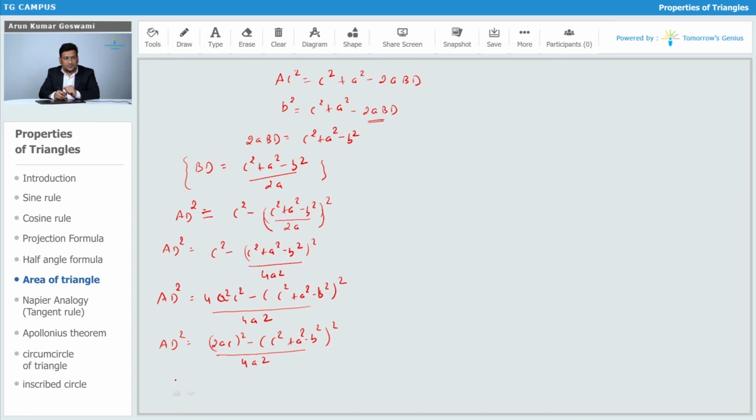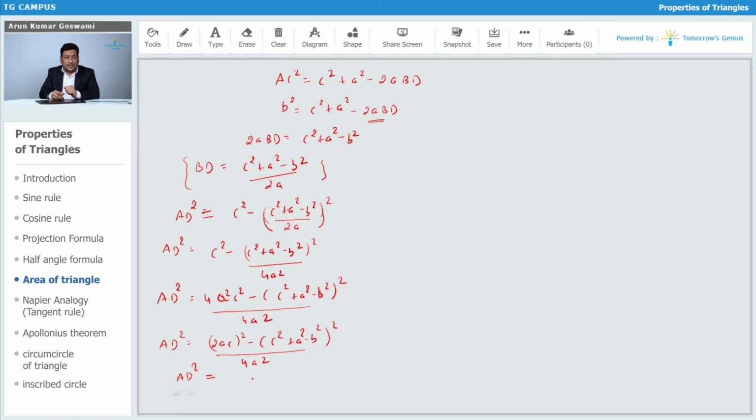Now AD square is nothing but equal to (2AC) whole square minus (C square plus A square minus B square) whole square. It is nothing but the formula of x square minus y square, which means x minus y and x plus y.